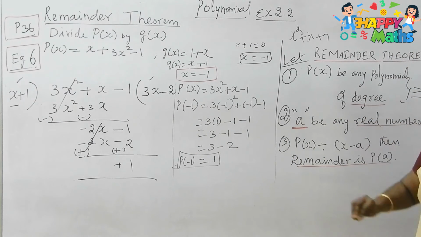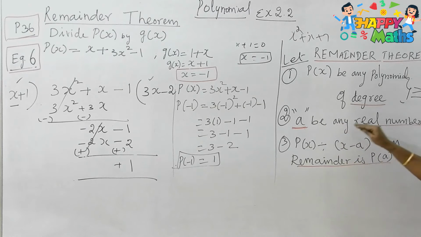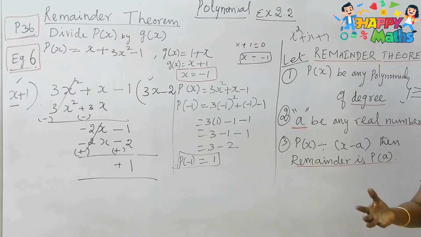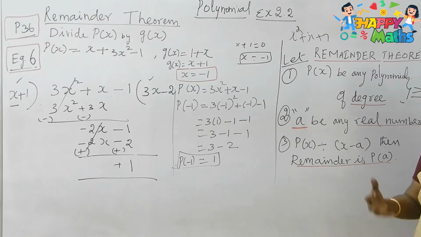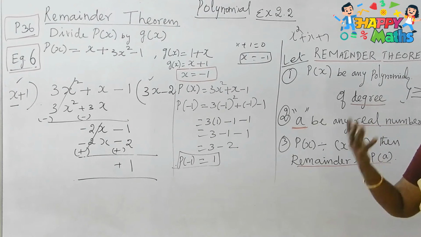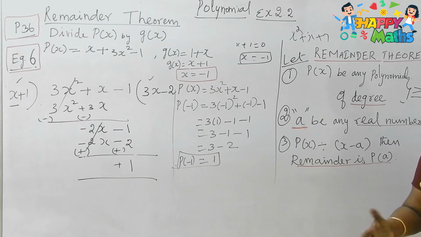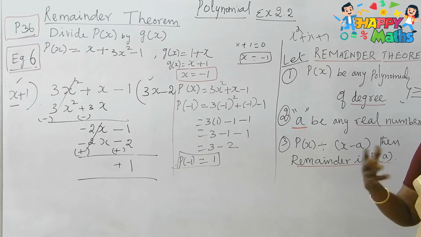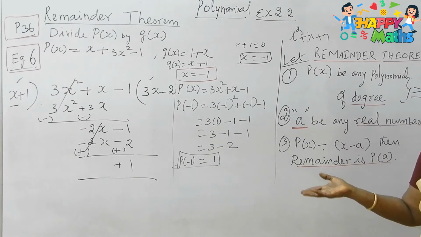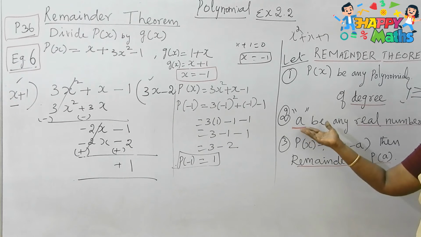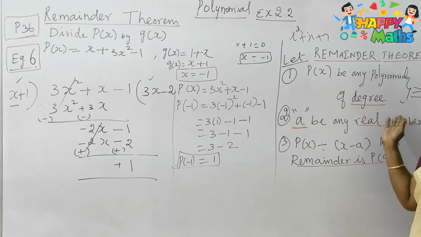What is your second condition? Let a be any real number. Real number means what? It can be a root number, rational number, negative integers, positive integers, or whole number, whatever it is. Even it can be a 0. So, there is no condition for a. a can be any real number.